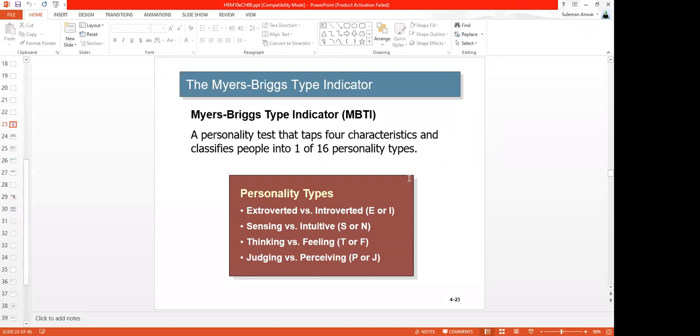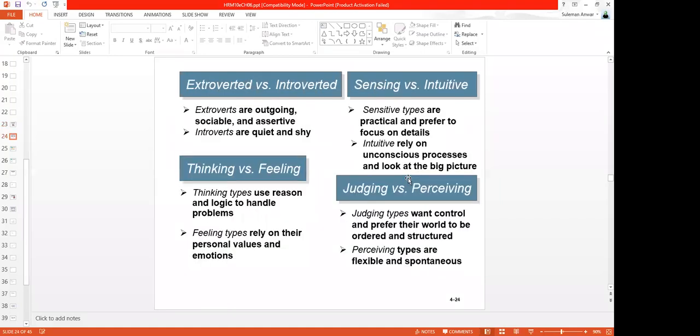So these are the 4 categories with which we are going to find out the personality of the people around us. Okay, we can use different softwares to assess our personality to find out in which category of these 4 trait sets we actually lie. Okay, a little more explanation about this MBTI test.